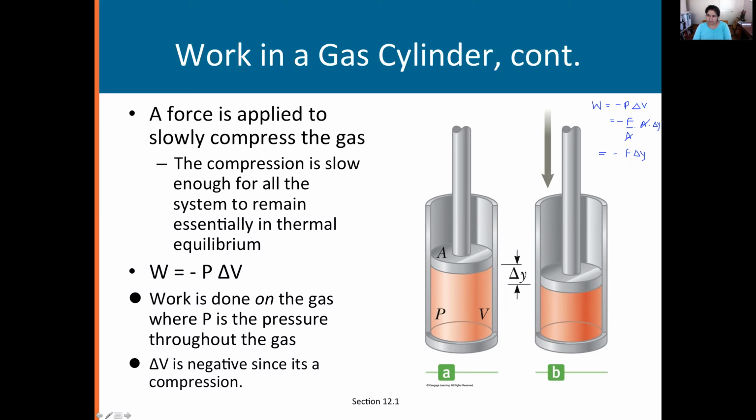Delta Y is Y final minus Y initial, so Y final is lower. We're going to get a negative value, the negative from delta Y, and this negative are going to get multiplied into a positive. So positive work is done on the gas, or the gas gains energy, yeah, when we are compressing the gas. And exactly the reverse happens when you allow the piston to be free and the gas does work to push the piston up.